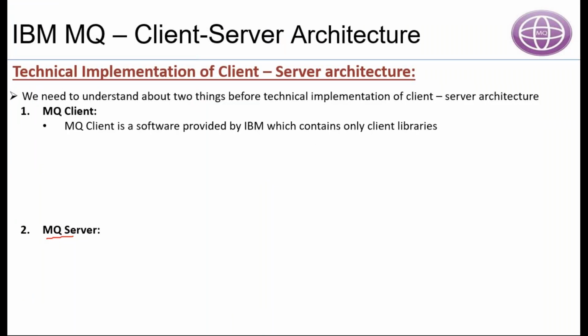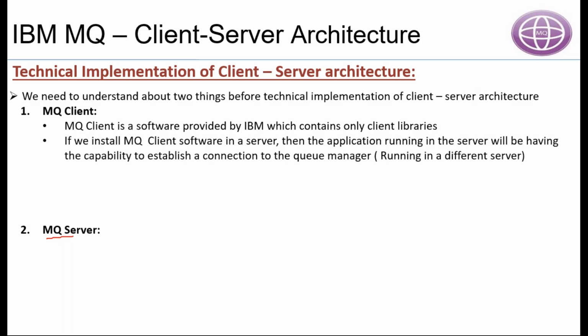So MQ Client is software provided by IBM, which contains only client libraries. In MQ Client, only client libraries will be there, and these libraries will be used to connect to a remote queue manager. If we install MQ Client software in a server, then the application running in the server will have the capability to establish a connection to the queue manager.